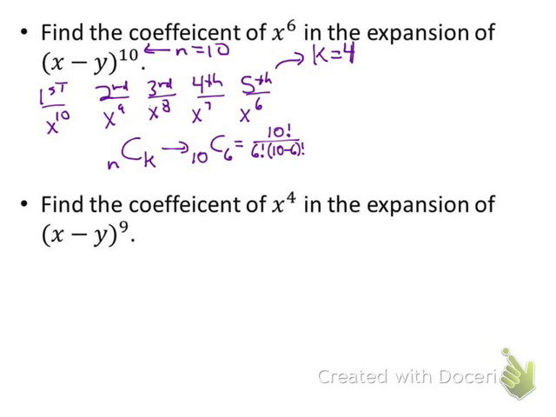If you remember your combinations, that is actually 10 factorial over 6 factorial times 4 factorial, and whenever we have combinations, those two bottom factorials should add to the top, which they do here. 6 plus 4 is 10. So if I solve this, 10 times 9 times 8 times 7 times 6 all the way down to 1, well, I have 6 down to 1 in the bottom.